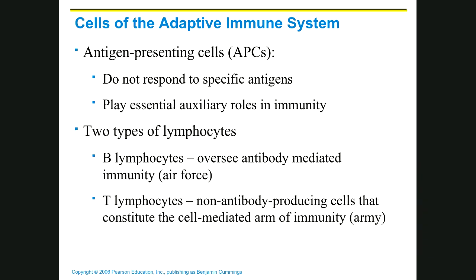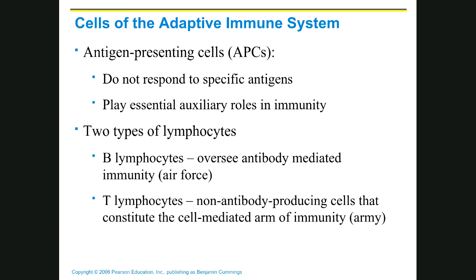So if we look at this adaptive immune system, there are three types of cells that we're going to be concerned with. We already talked about B cells and T cells, but there are also these antigen-presenting cells. So let's look at these.